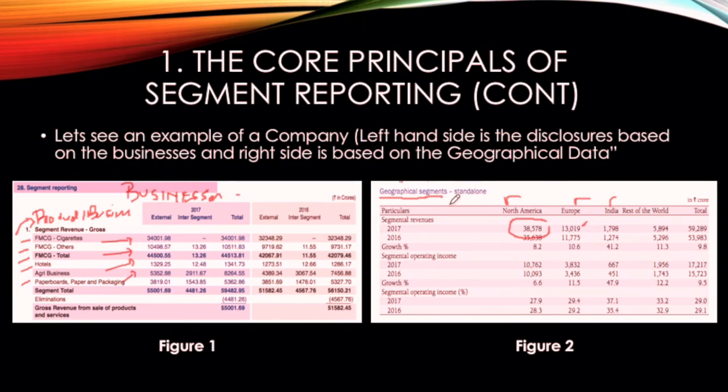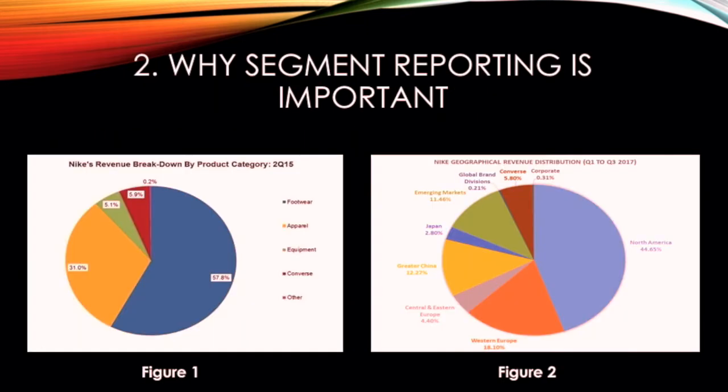I'm not going to discuss in detail why geographical area is important, but we will discuss this in the next section of this video, why we do segment reporting and why it is important. So stay tuned. You will have a detailed explanation, my promise.